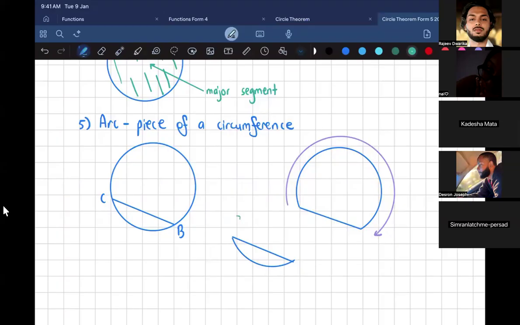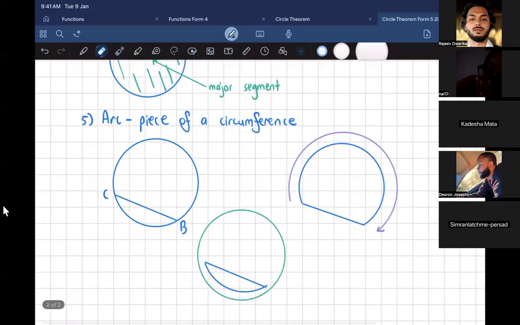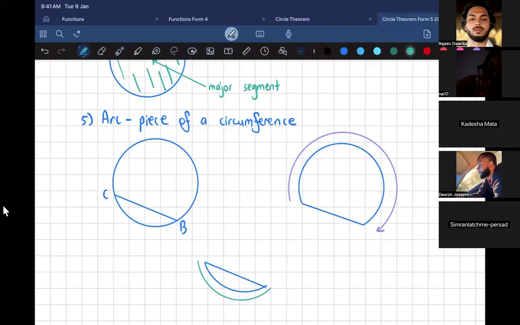I'm gonna draw this one in green. The green one looking bigger or the purple one looking bigger? The purple. So if something is bigger, you would call it major or minor? Major. Exactly. So the purple one would be the major arc, and the green one would be the minor. Yes. You're getting it.